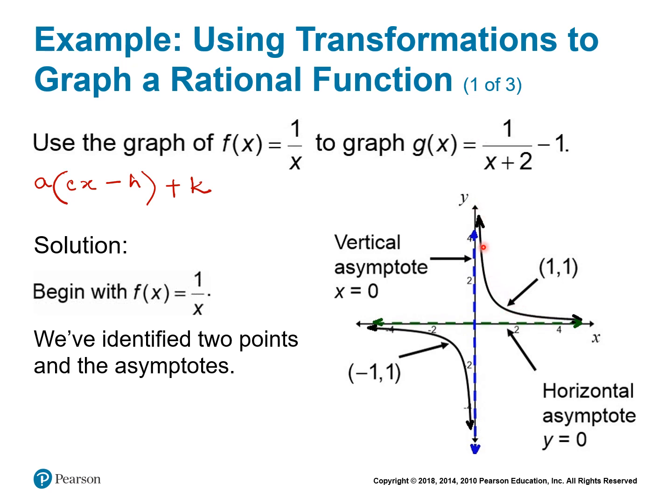The function increases without bounds. As far as the horizontal asymptote is concerned, which is the y equal to 0 line, the graph heads towards the line y equal to 0 for increasing x values.